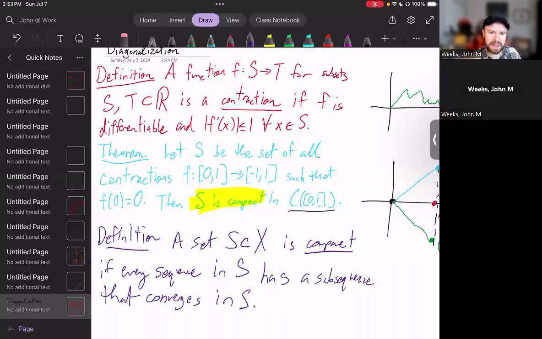One way to remember this is that Bolzano-Weierstrass in the real numbers is saying exactly this: if you take a bounded and closed set, then you're going to be able to take sequences that have convergent subsequences in there. That's the whole idea behind those types of theorems.